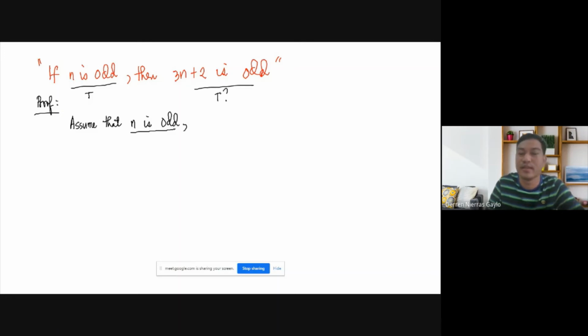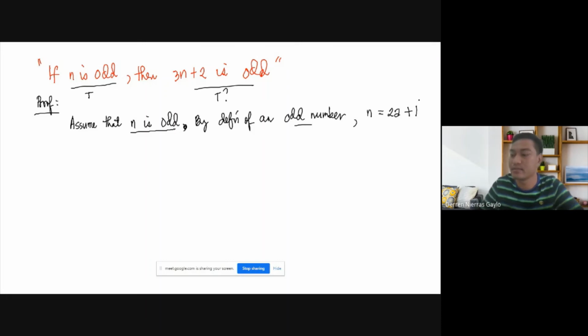So assume that n is odd. Then by definition of an odd number, n is equal to 2a plus 1, correct? For some integer a.